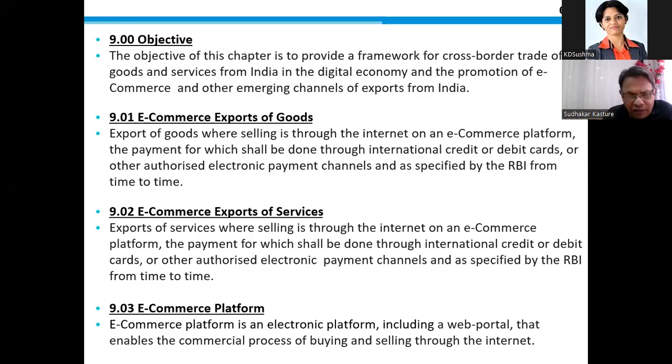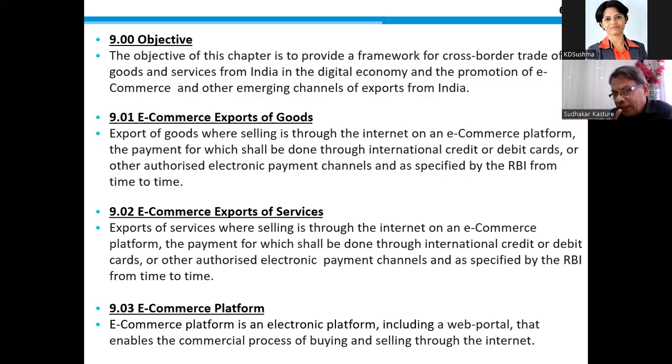Now, which are the services which can be of great value in this particular aspect? Medicinal advice, then lawyers, chartered accountants, classification issues, any dispute resolution, anything of this sort can be covered under e-commerce.